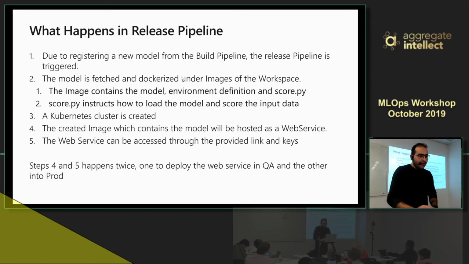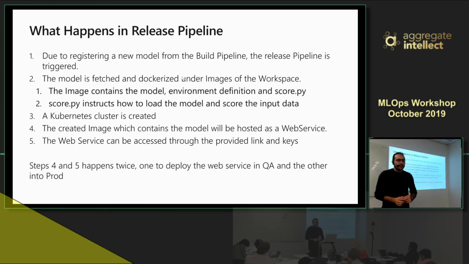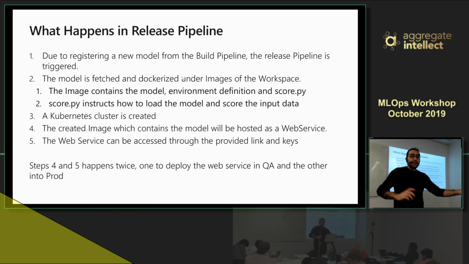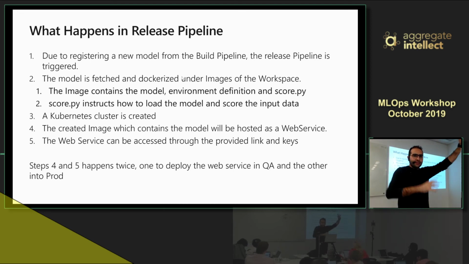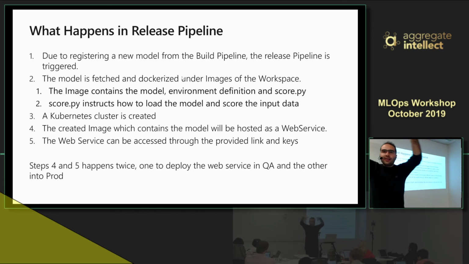All right, then the next step is to create a Kubernetes cluster if it is not already created. Create an image, which contains the model and the scoring code. That image will be deployed as a web service in the Kubernetes cluster.